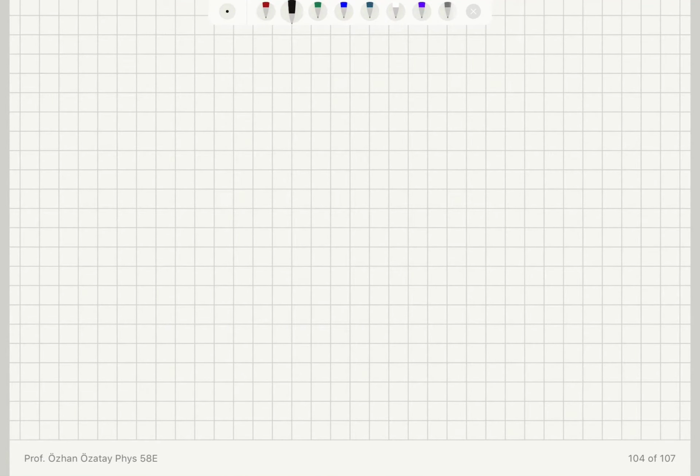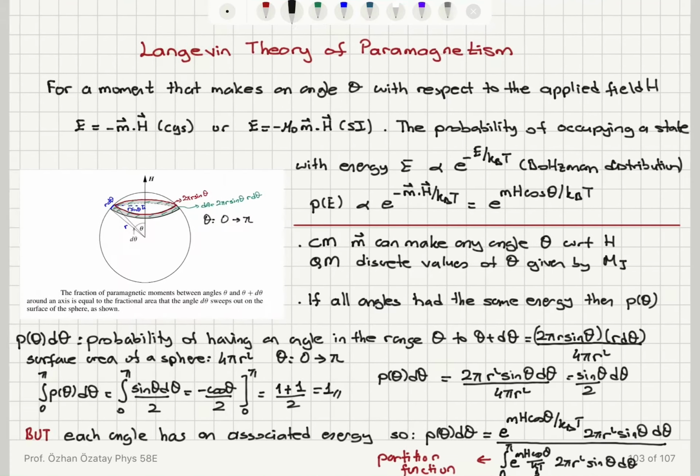Okay, now I can see that there is a simplification in this, because the integral is over the angle theta, so 2 pi r squares will cancel.